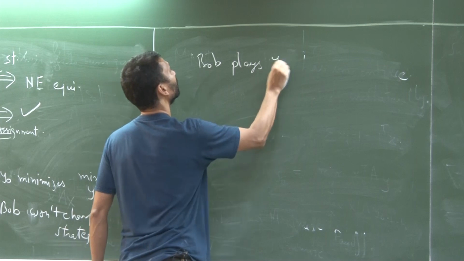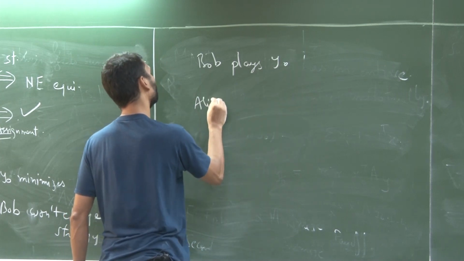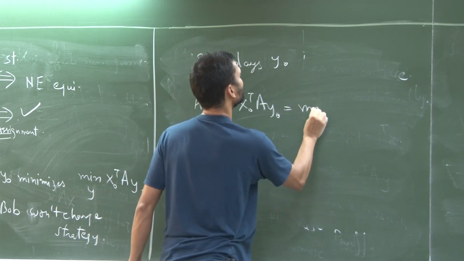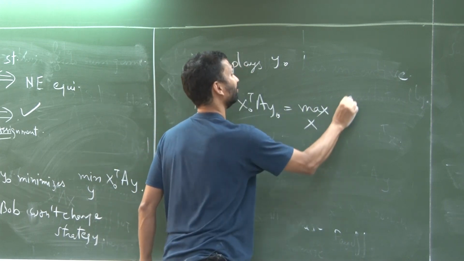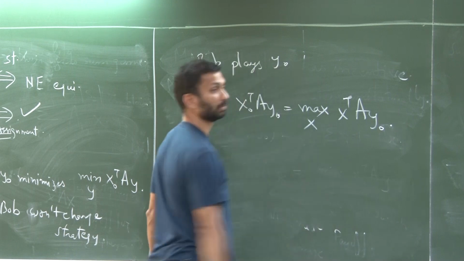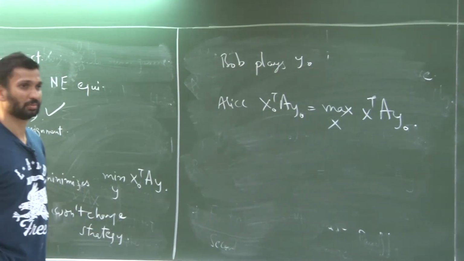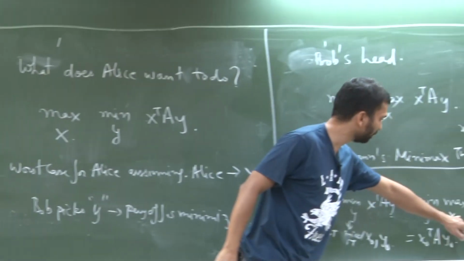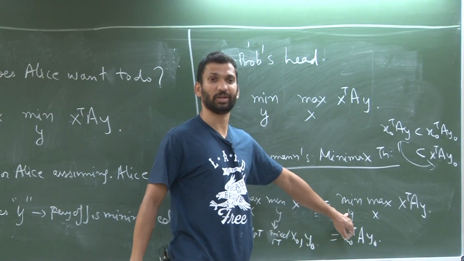Bob plays y naught, Alice gets x naught transpose A y naught, which is, right. And again, same reason, x naught maximizes this thing when I fix y naught.